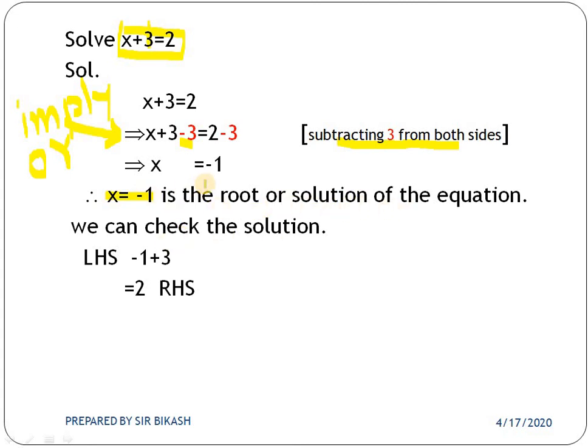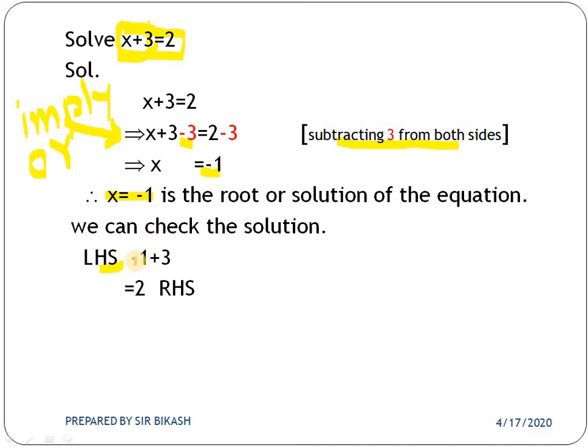We can check our solution to see whether we have got the right answer or wrong, using a technique. You see the left hand side. Which is the left hand side? x plus 3. This is the left hand side of the equal sign, we call it LHS. So in x plus 3, in place of x, we write the value of x, which is minus 1.